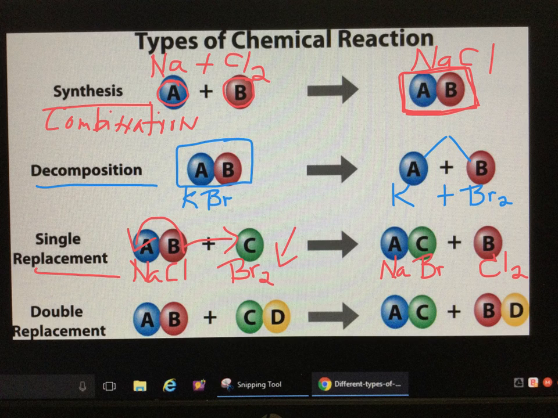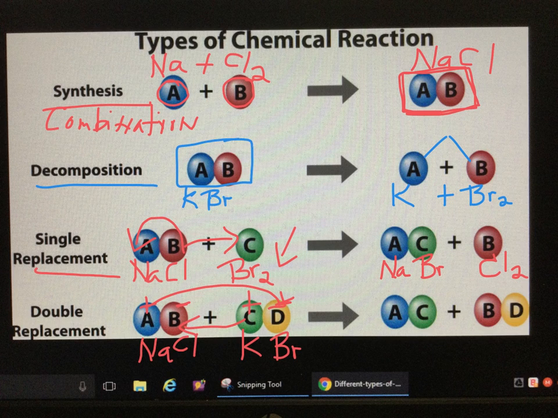Okay? All right, so now double replacement. Double replacement, 2 couples go to a dance. And let's go back to potassium bromide. Okay, now what's important to remember here is that you always have a cation and an anion, a plus and a minus. Okay, this plus will go with this minus, and this plus will go with this minus.